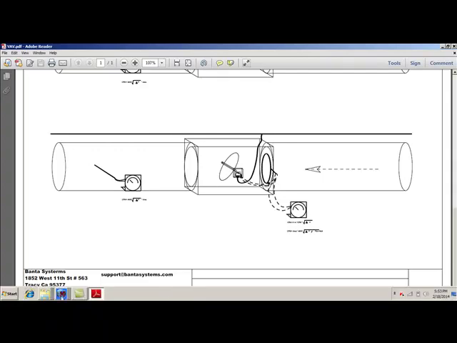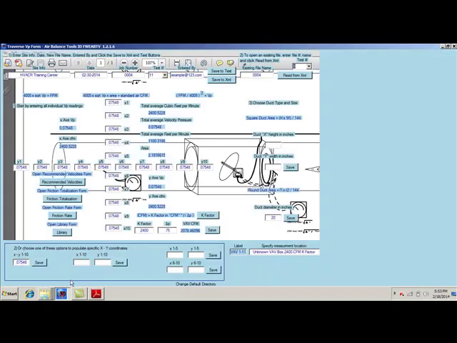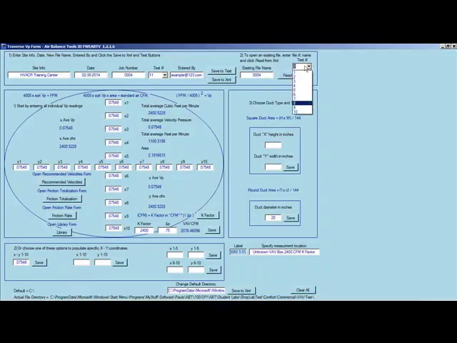Now say we measure 2400 CFM on the outlet of the box, and what we'll do is go to example number 11, which is an unknown VAV box.